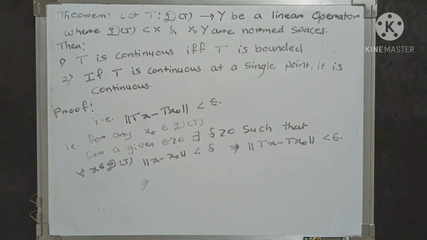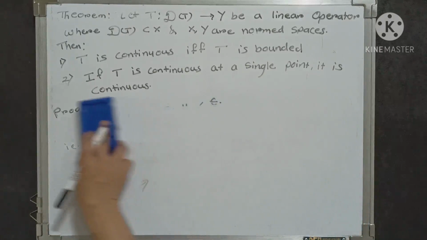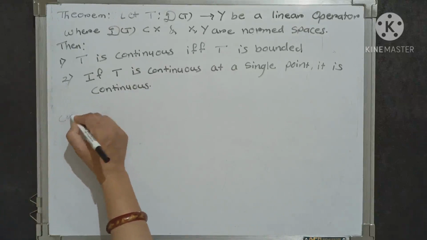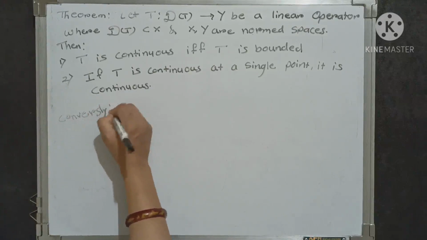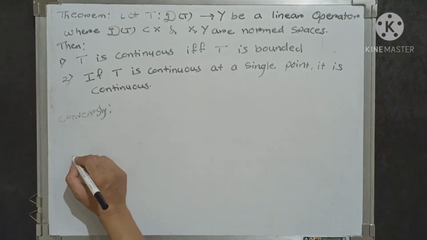Now conversely, we assume that T is continuous, and we have to show that T is bounded. Conversely, assume that capital T is continuous.